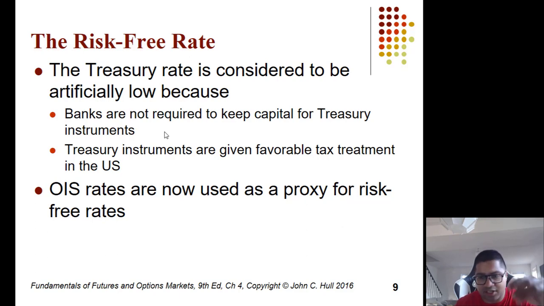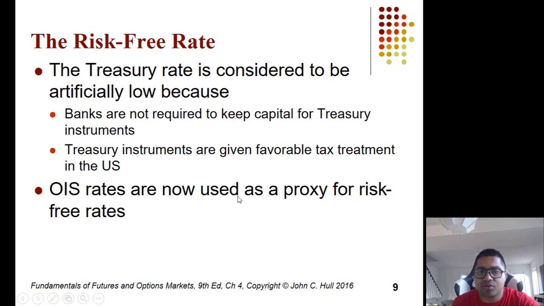So it is artificially low for that. Second, treasury bills also have favorable tax treatment. In the United States, whenever you invest in T-bills or T-bonds, you do not have to pay state tax, but in other risk-free instruments, you have to pay state tax. That is why it is artificially low.